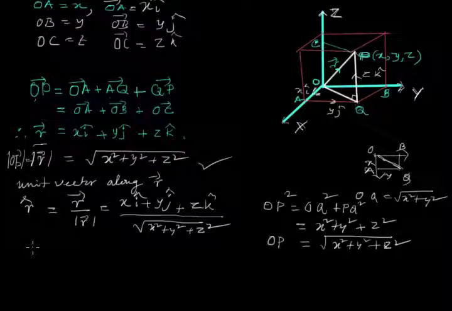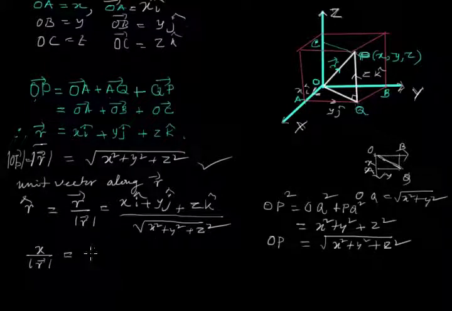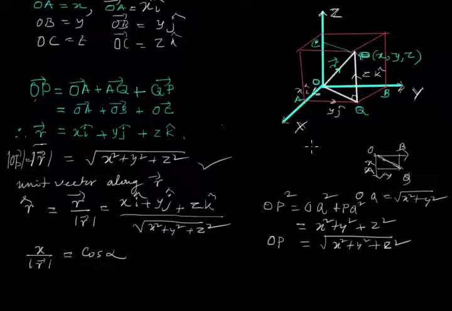Now here x by mod R you can say is cos alpha. What is alpha here? Alpha is the angle between OP and the x-axis. So this is our alpha.